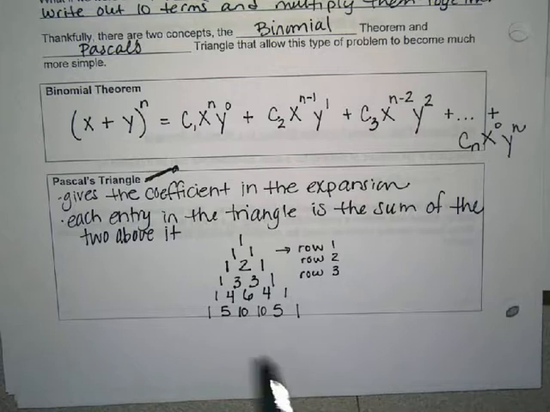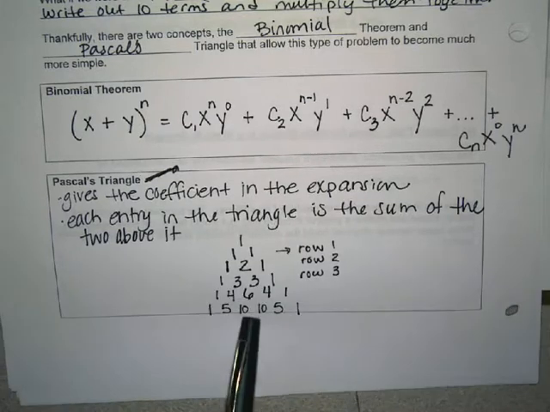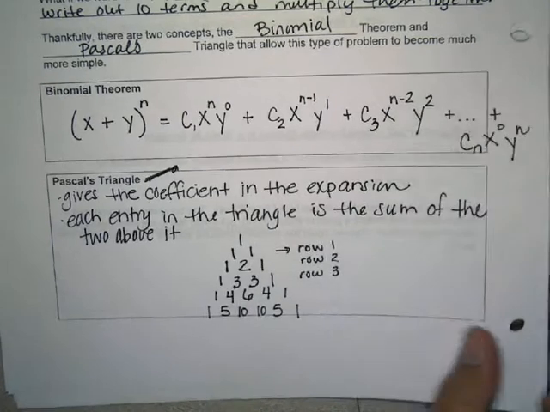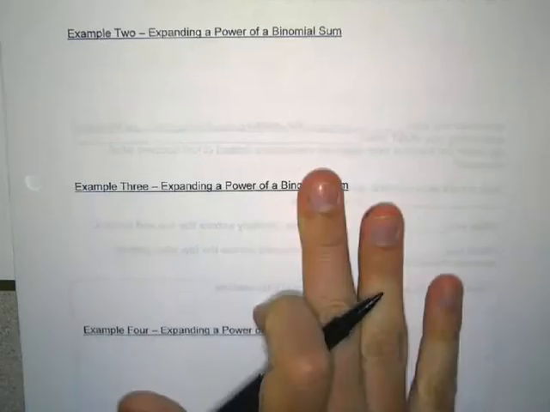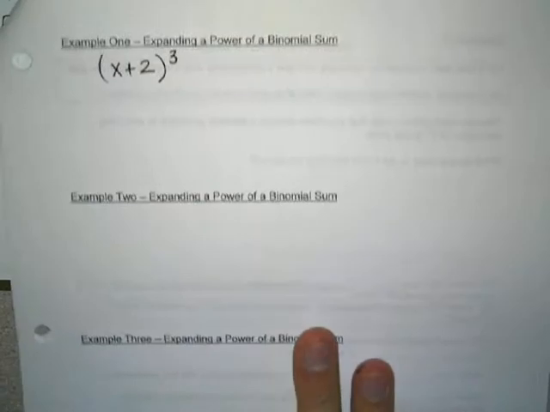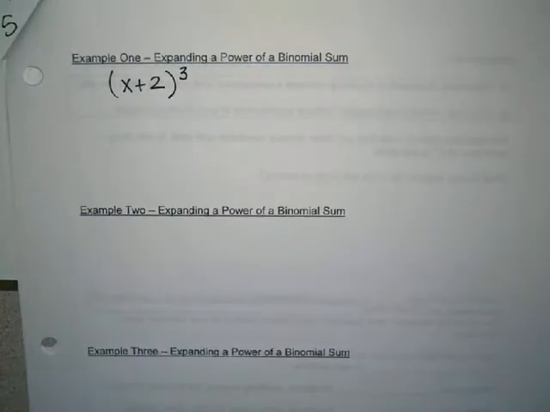Okay, we will come back to this, and we're probably going to write this a couple of times on the next page as we do some examples. We're going to start with a fairly simple one, just to get you used to the process. The directions would say expand the expression using the binomial theorem.